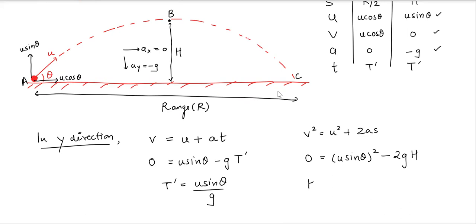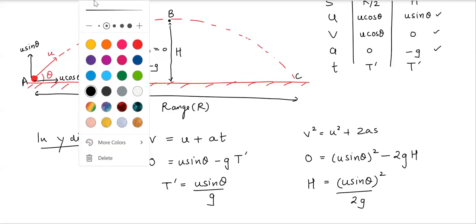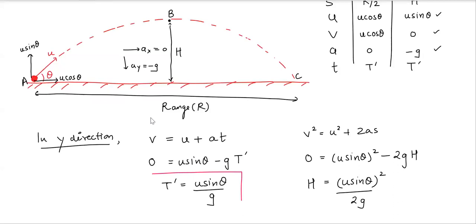So from this you will get h is equal to u sin theta, the whole square, upon 2g. You should be able to derive those equations, because they can be asked. This is the equation of maximum height.